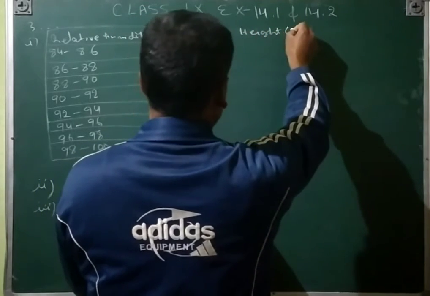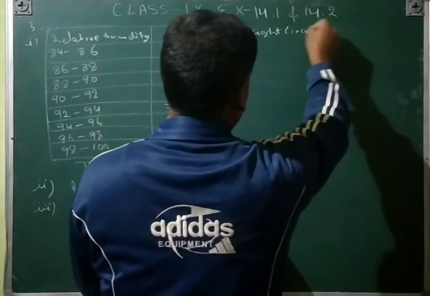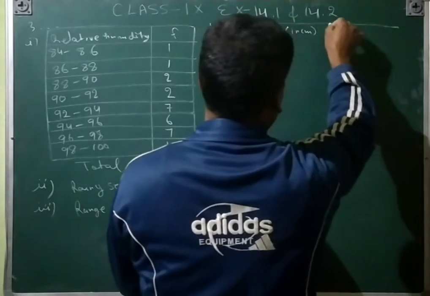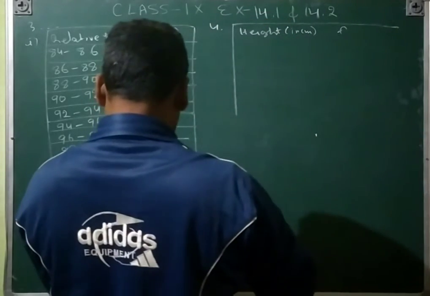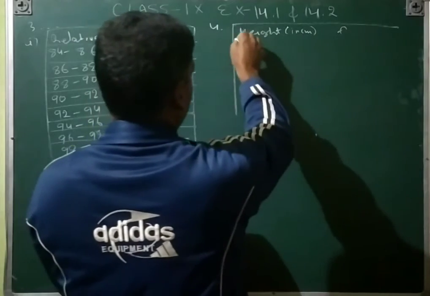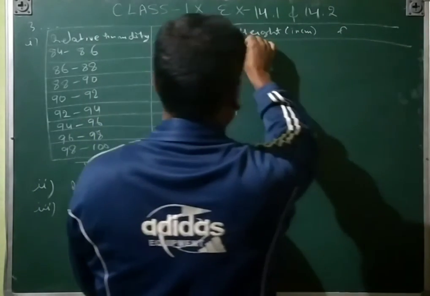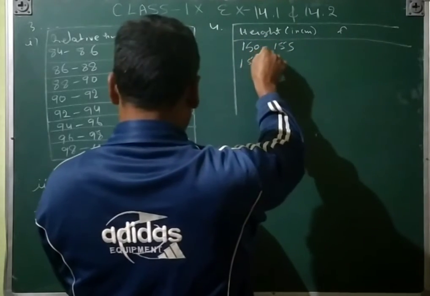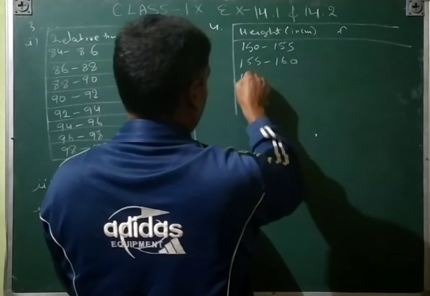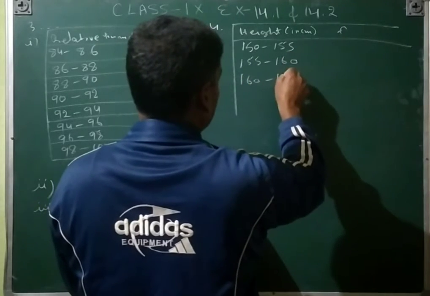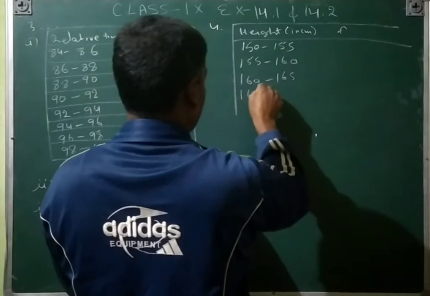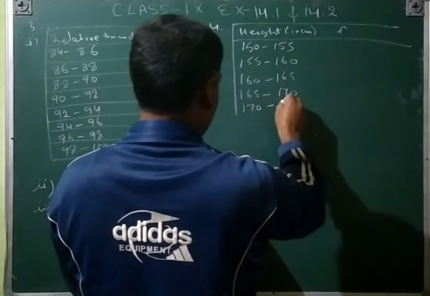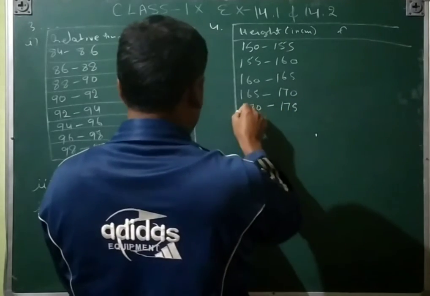So we will write height in centimeter, and then frequency. It will start from 150 because 150 is the smallest: 150 to 155, 155 to 160, 160 to 165, 165 to 170, 170 to 175, because no one is more than 170.